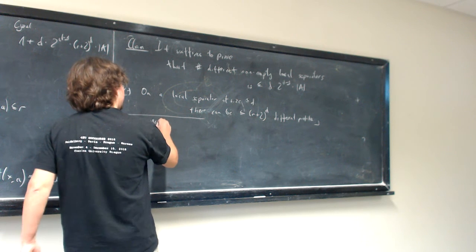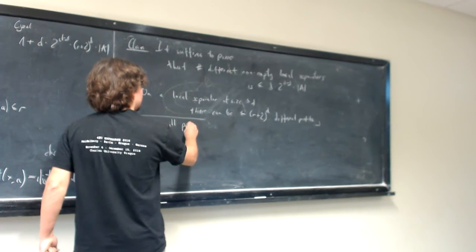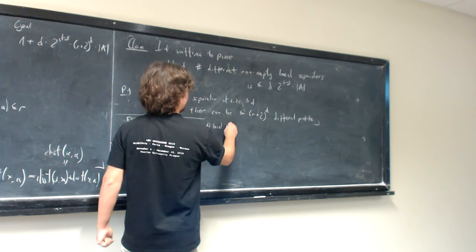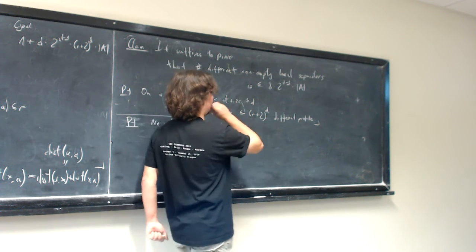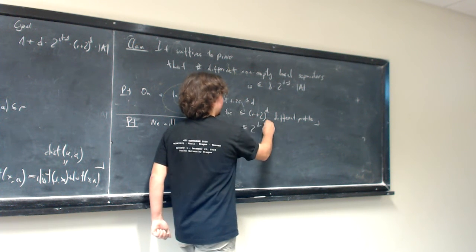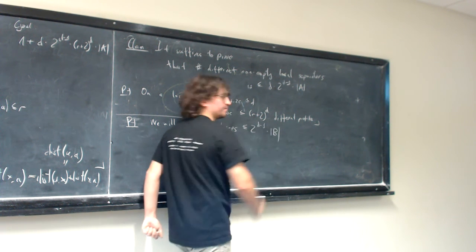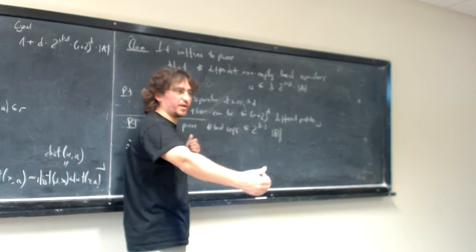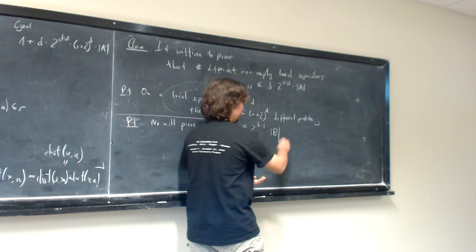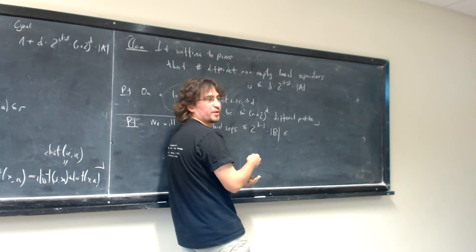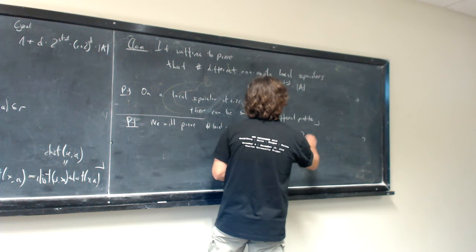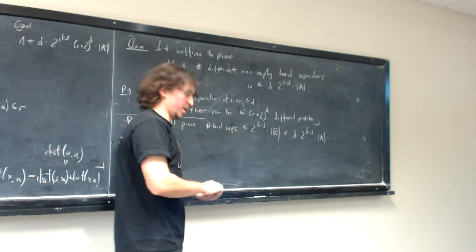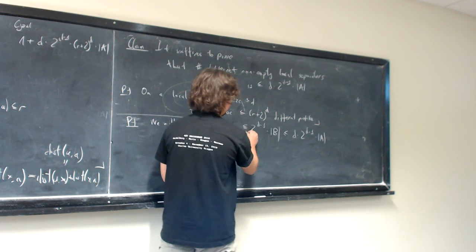We will prove that the number of local separators is bounded by 2 to the d minus 1 times the size of B. And recall that B was this closed set A, and the size of B was upper bounded by d times the size of A. So this will be bounded by this. So now I focus on proving this inequality.